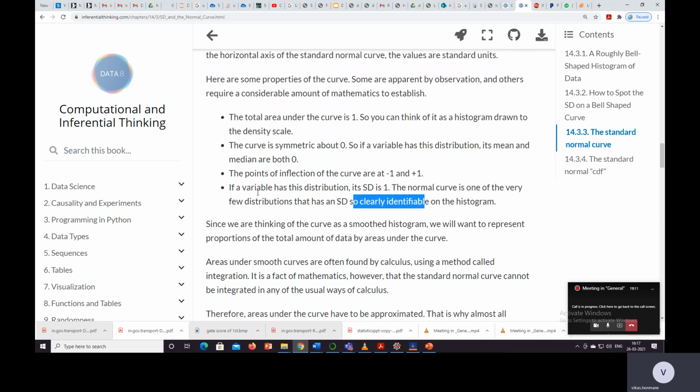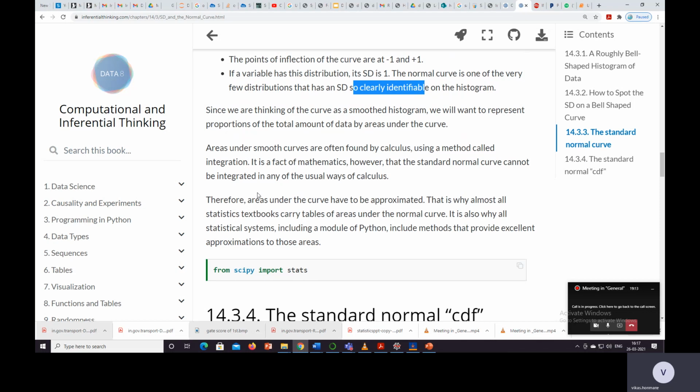Okay. So here we are thinking of a smooth histogram, and we want to represent the proportion of the total amount of data by area under the curve, and the total area under this curve is 1.